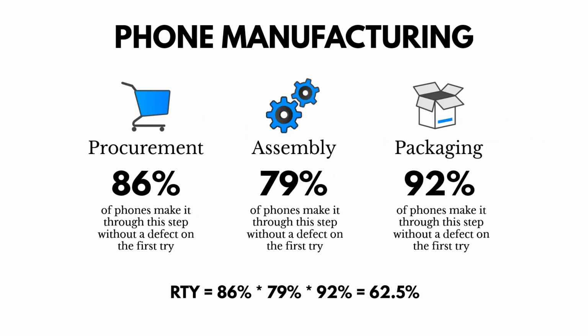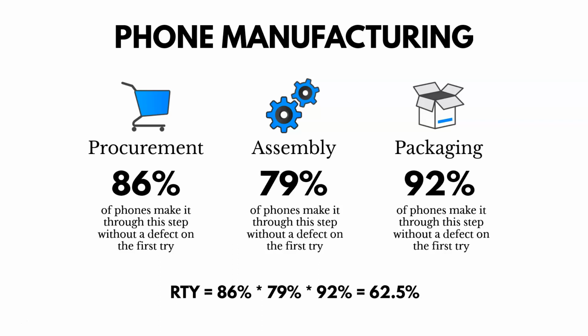So let's take an example to understand this. Let's say we manufacture phones, and we'll keep it simple. Let's say there are 3 steps in the process: procurement, assembly, and packaging. In the procurement step, 86% of phones make it through without a defect on the first try.